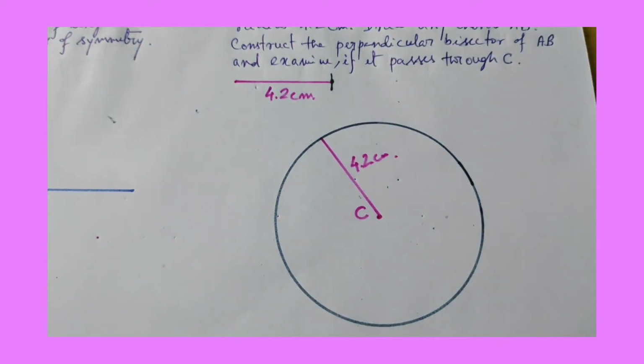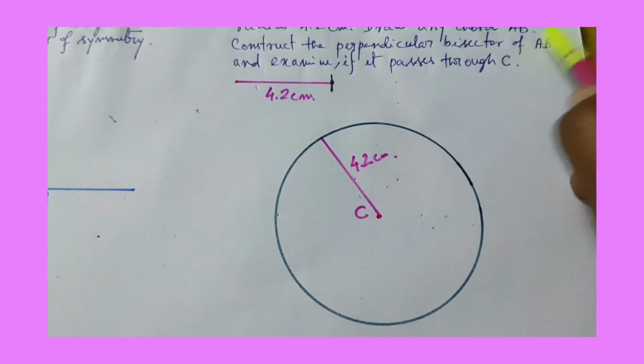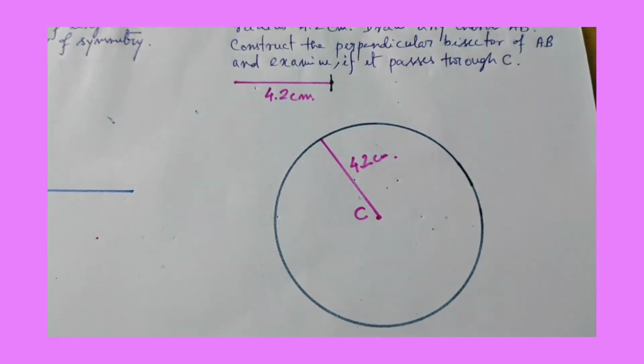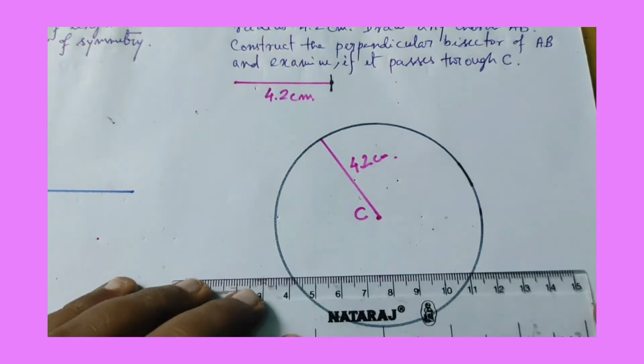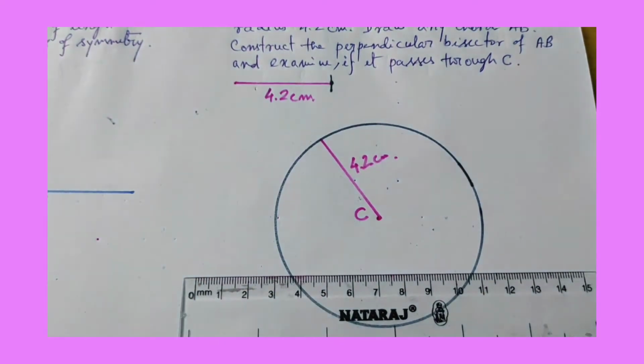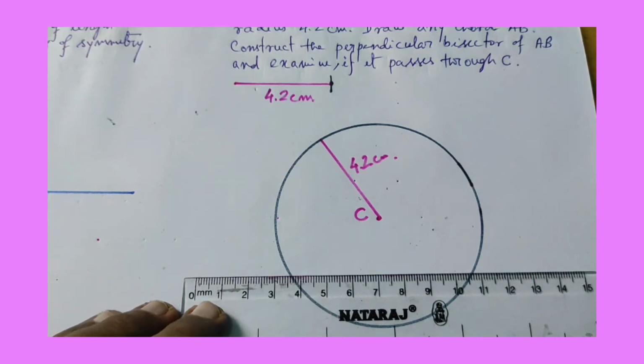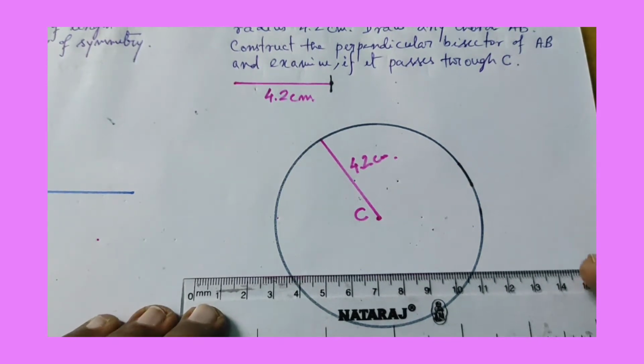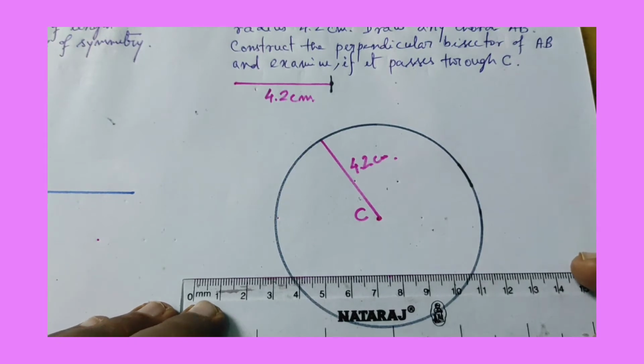Alright. Now what is the next part of the question? Draw any chord AB. So let us draw any chord, and students, everybody knows what a chord is for a circle. A chord is a line segment joining any 2 points on the circumference of the circle.